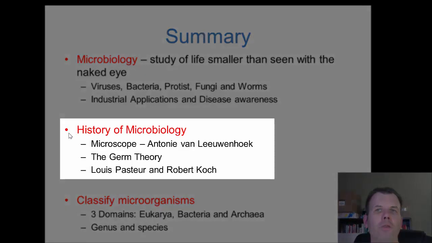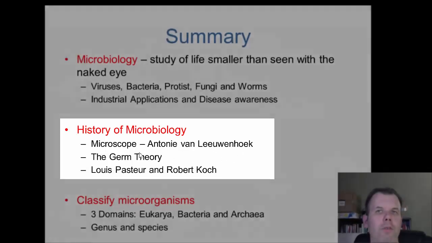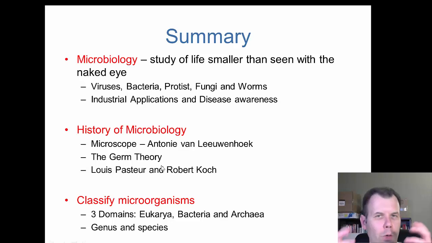We did a little history tour of microbiology. We first talked about the first microscope with Antony van Leeuwenhoek, and then again we talked about the germ theory, that microorganisms, and not a bad personality or doing bad things, are what caused you to have disease. And again, two main figures that I want you to know about, again, I'll ask you questions on the test, are Louis Pasteur.